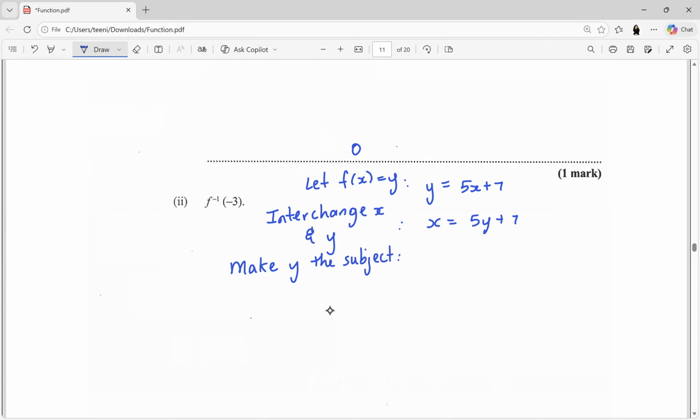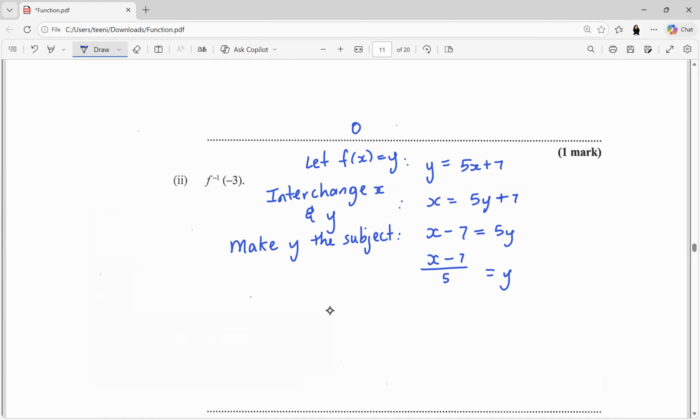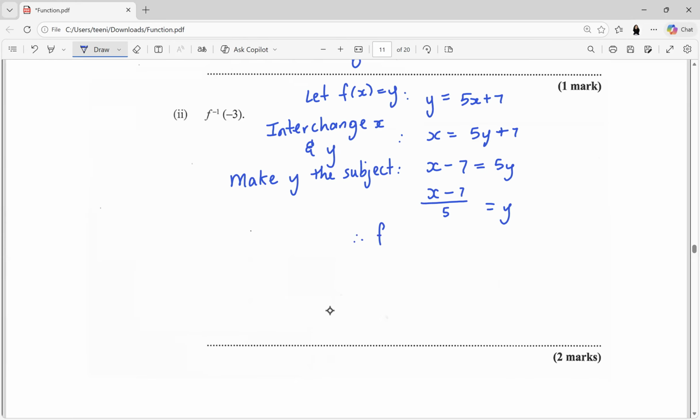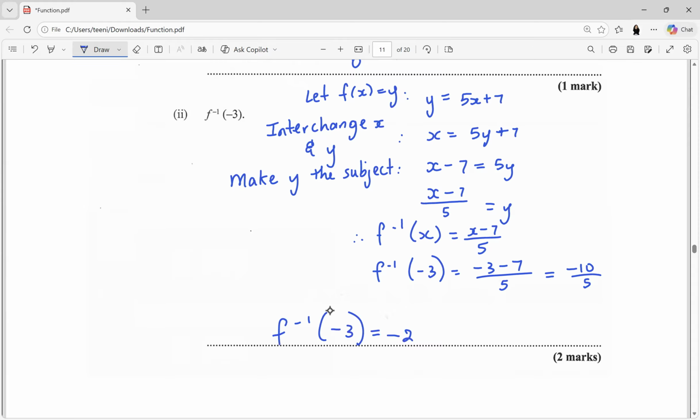So x minus 7 is equal to 5y. So then x minus 7 divided by 5 is equal to y, and that is your inverse. So f inverse x is x minus 7 divided by 5. Therefore, f inverse of -3 would be -3 take away 7 over 5. -3 take away 7 is -10. -10 divided by 5 is -2. So f inverse of -3 is -2.